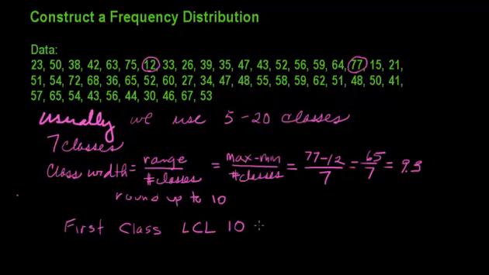So a score of 10, or 11, or 12, 13, 14, 15, 16, 17, 18, 19 would be the 10th possible score in that class. So our upper class limit would be 19. Okay, so now that we know that, we can set up our whole table and organize into a frequency distribution. So let's do that.